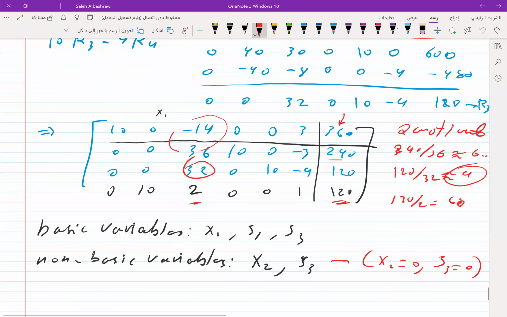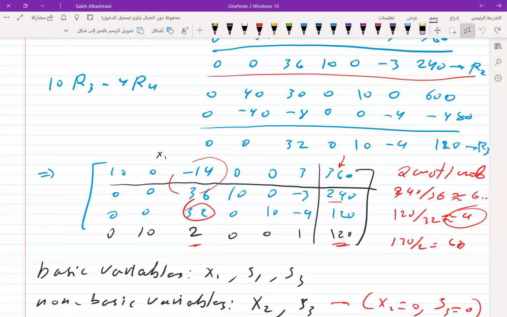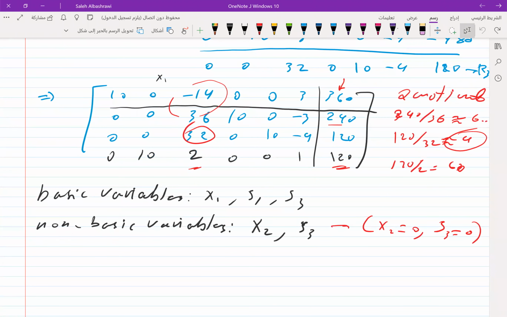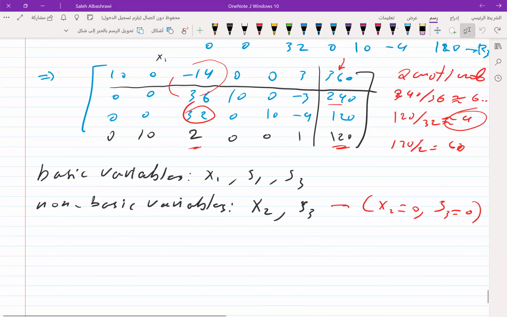So 32 will be my pivot number. In this case, I need to make minus 14 equal to 0, 36 equal to 0, and 2 equal to 0.